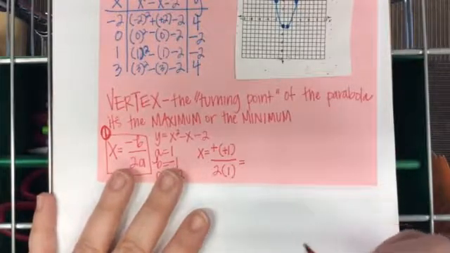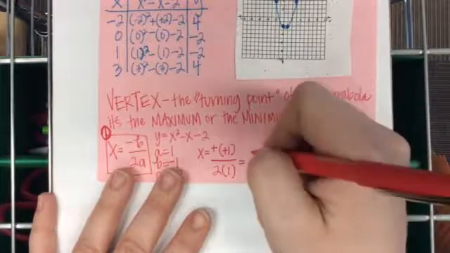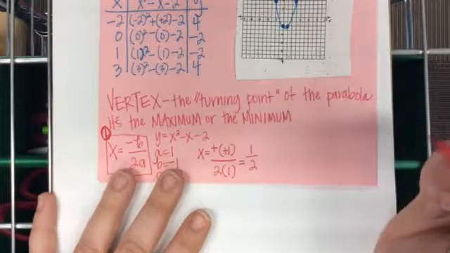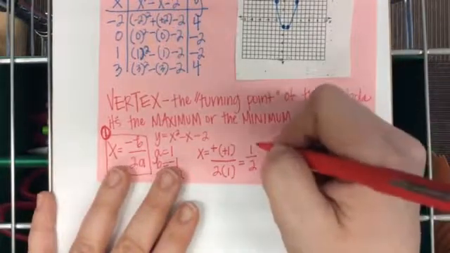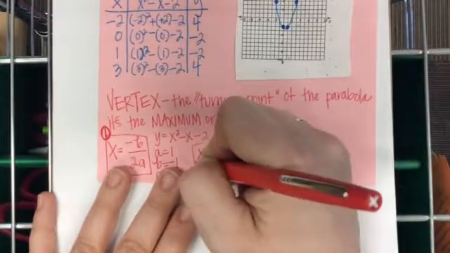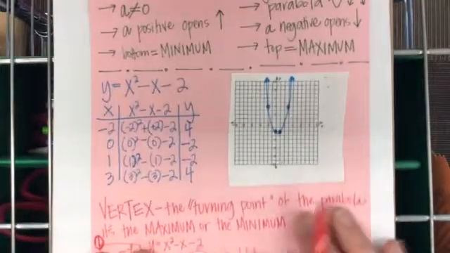So what's my x value? 1 over 2, which is 1/2. So my x value is 1/2. All right, so does that make sense? Let's look.